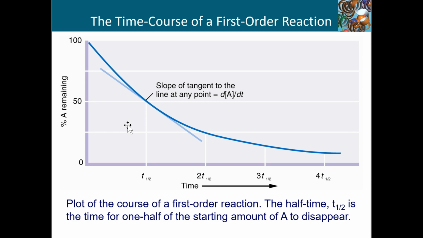So this is what a first order reaction looks like. It's constantly changing in terms of rate, but if we were to take the tangent, or derivative, at any point, you'll see that we can define it based on the derivative with respect to the concentration of A.